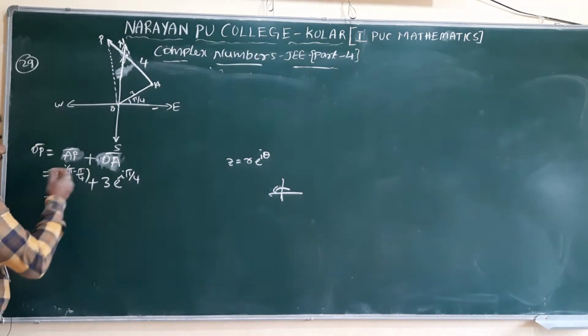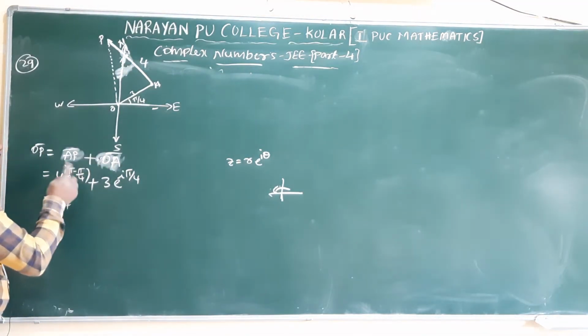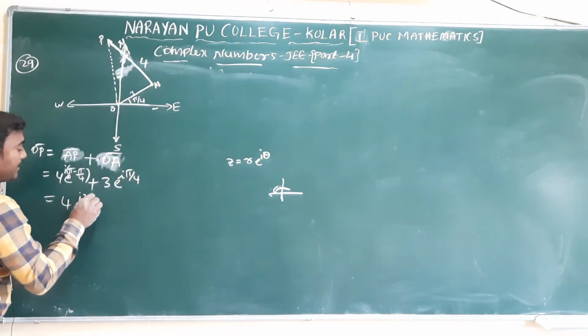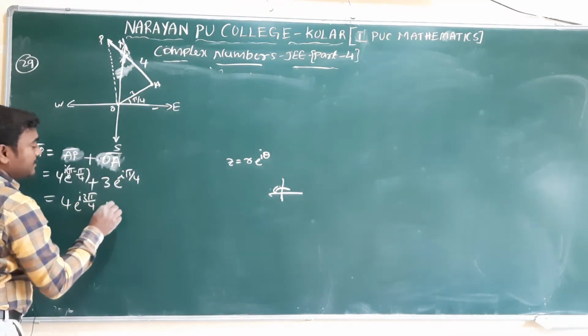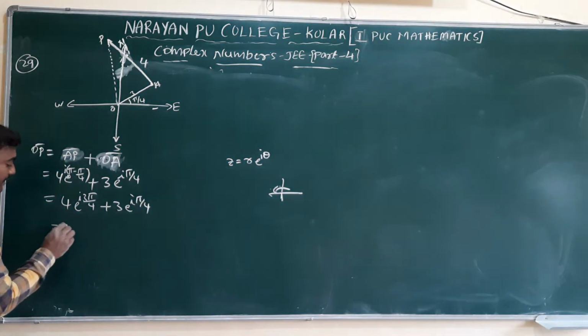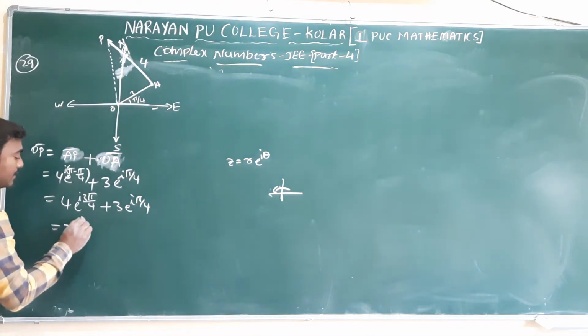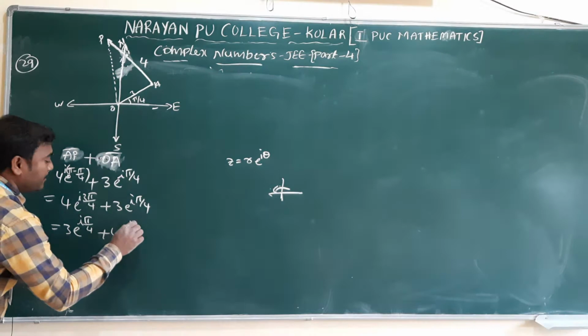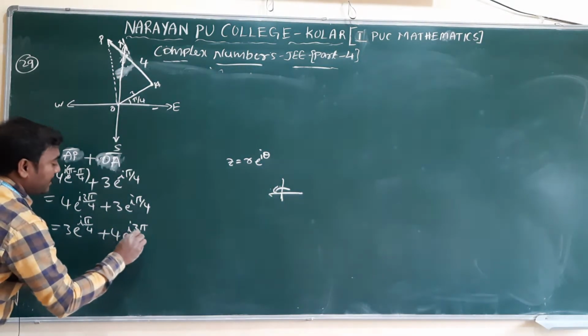Now it can be written as 4 into pi minus pi by 4, so we get e power i into 3 pi by 4, plus 3 into e power i pi by 4. It can be written as 3 into e power i pi by 4 plus 4 into e power i into 3 pi by 4.